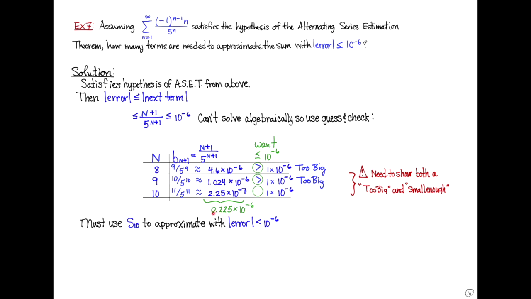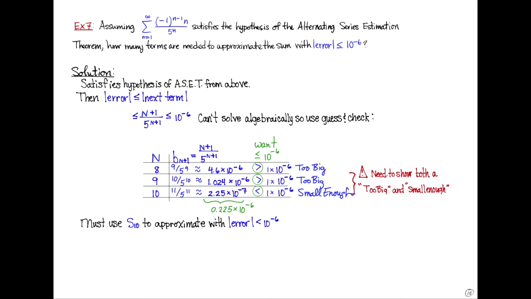And that is clearly going to be less than 1, which means that our error will be small enough. In other words, if we use S sub 10 to approximate our infinite series, then not only will the size of the error be less than 10 to the negative sixth, we know the size of the error will be less than 2.25 times 10 to the negative seventh.